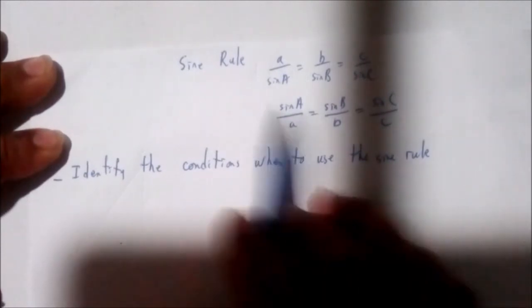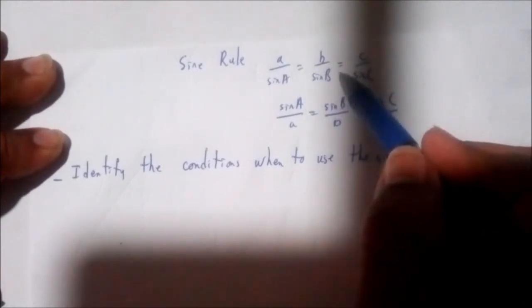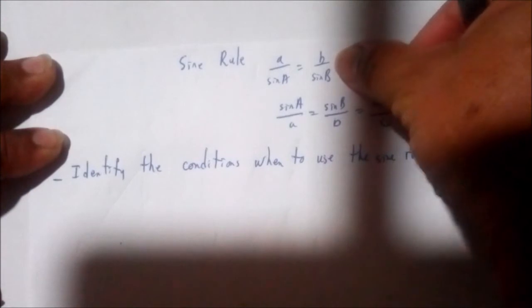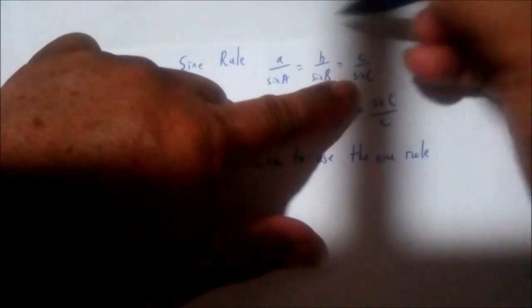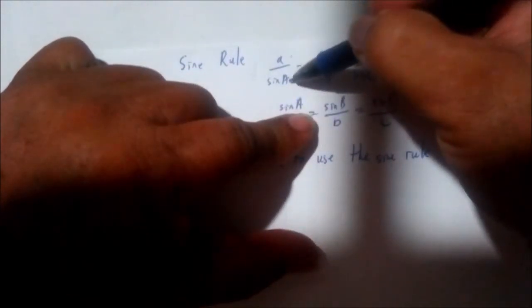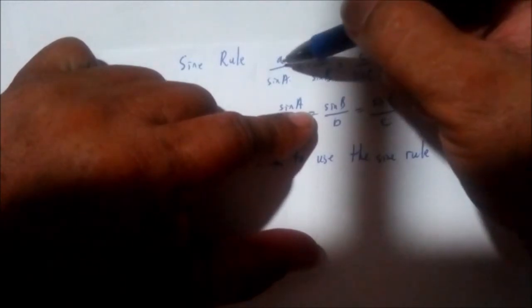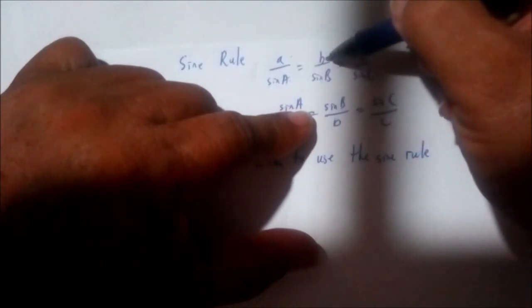The sine rule will be used when you are working with two parts of this whole equation. For you to use the sine rule here, you need to know three parts of it, which can be a, b, and sine A, and we will be solving for sine B, or you may know a, sine B, and look for b.